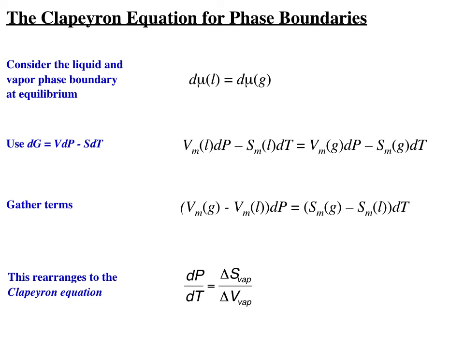Now again, if I go to different phase boundaries, I would change this to dP/dT is delta S of sublimation divided by delta V of sublimation, or I could have dP/dT equals delta S of melting divided by delta V of melting if I wanted to go to different phase equilibrium.